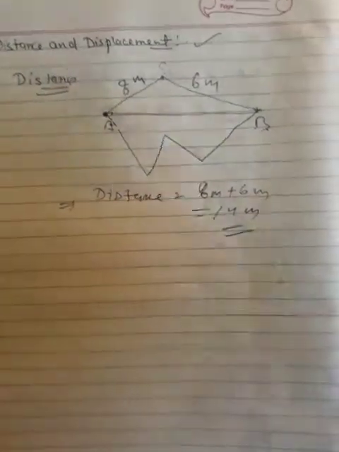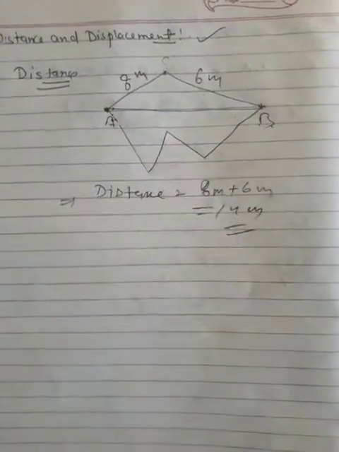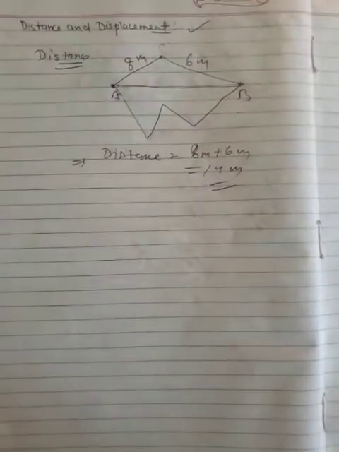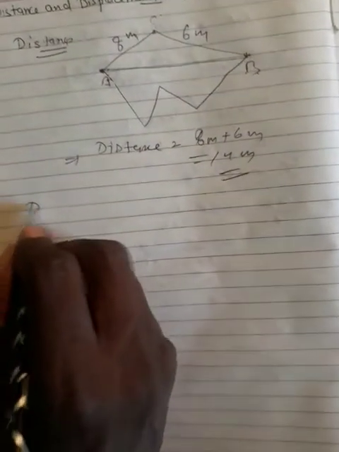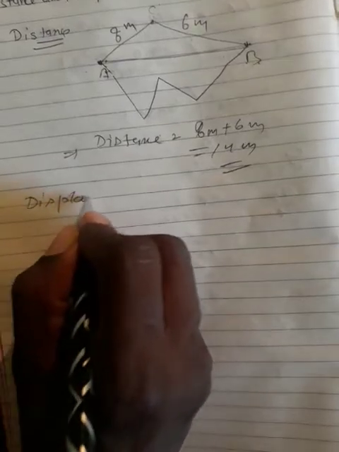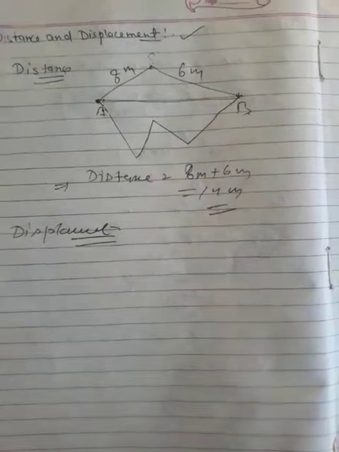This means the actual path length of an object moving from one point to another point is called the distance. But when we read about displacement, what is displacement?